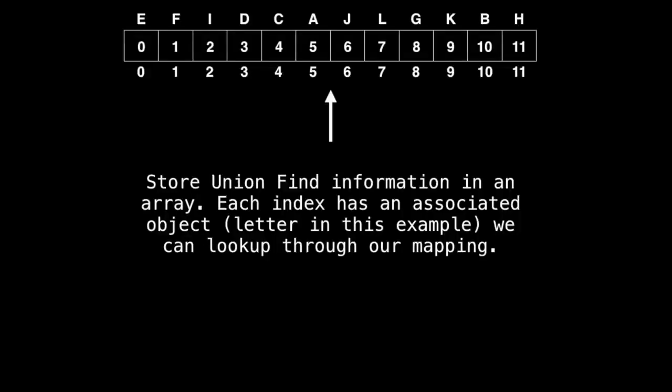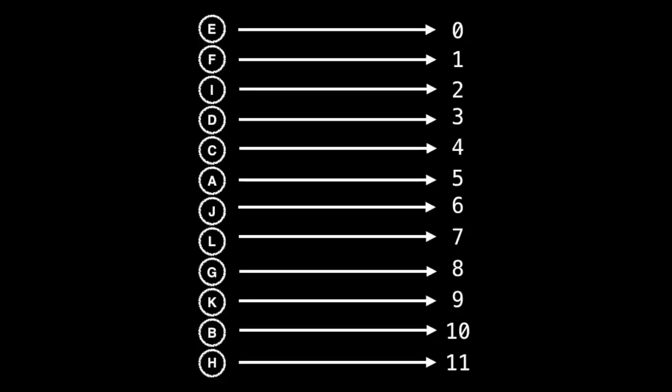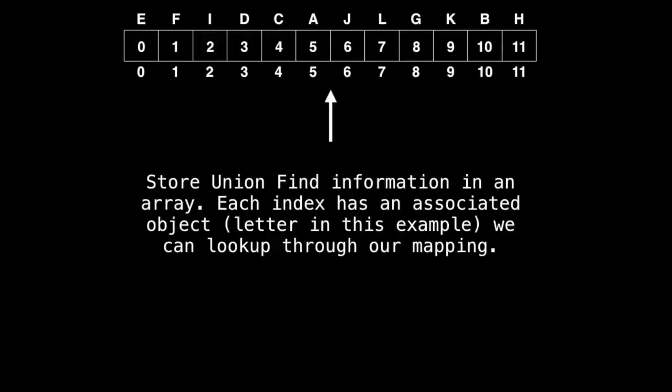Next, we're going to construct an array, and each index is going to have an associated object, and this is possible through our mapping. So for instance, in the last slide, A was mapped to 5, so slot 5, or index 5, is going to be A's slot.